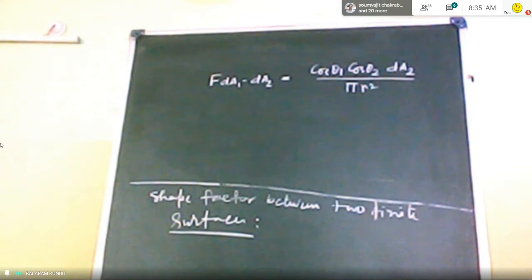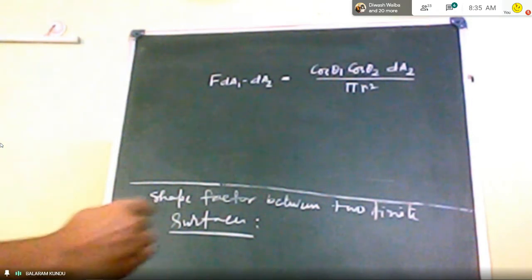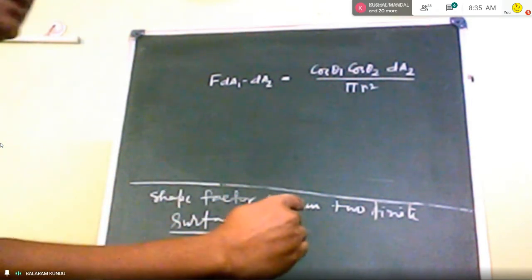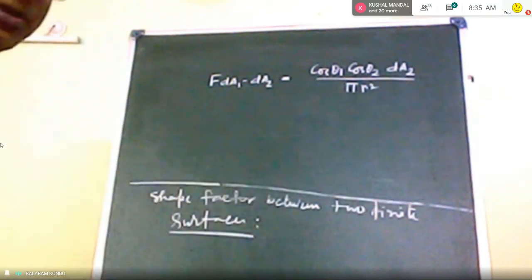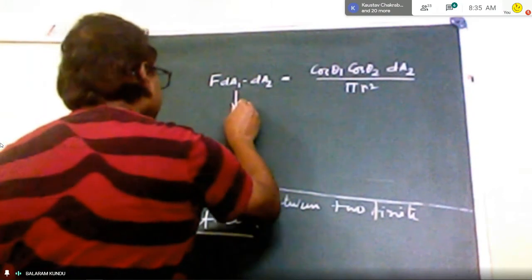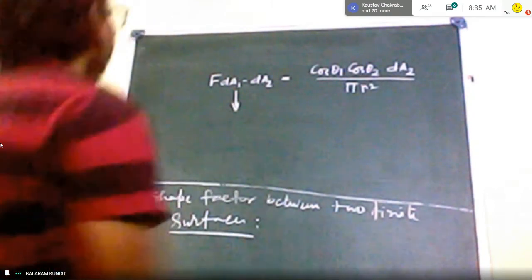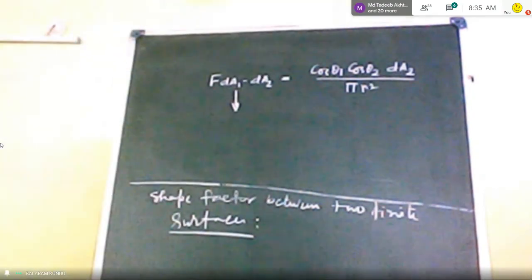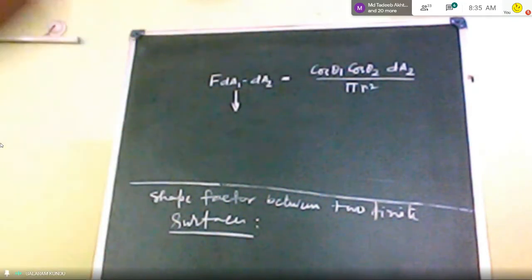Then if we integrate on the right hand side, what will happen? Since dA2 is there, integration along the surface dA2 gives the shape factor from the elemental surface dA1 to the finite surface A2.